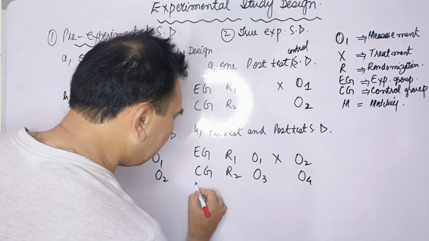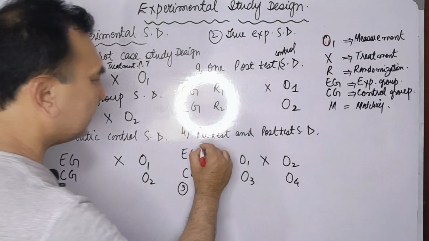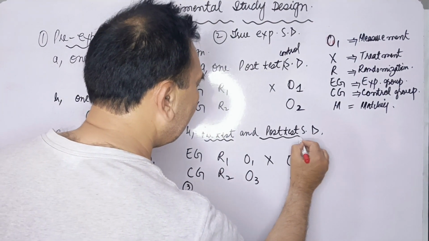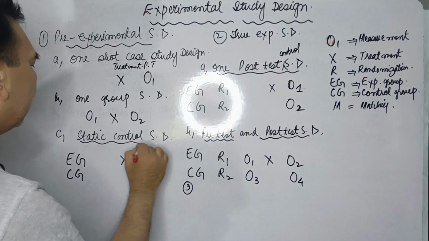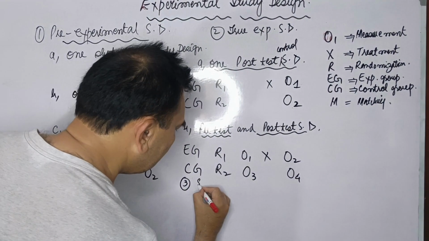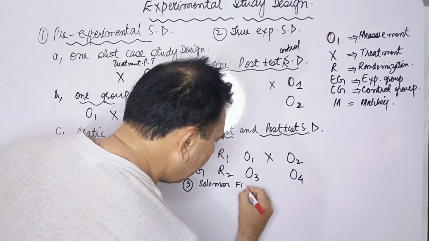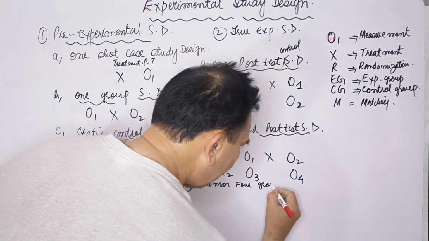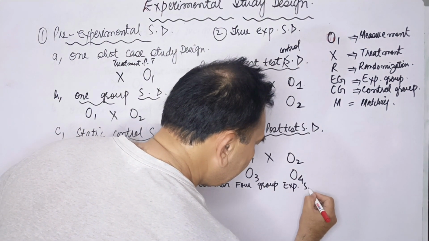Now the third type of true experimental study design is called the Solomon 4 group experimental study design.